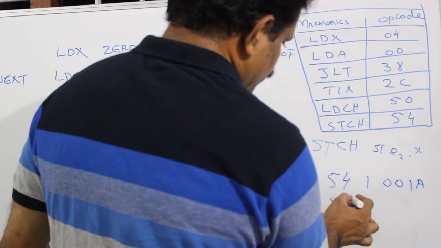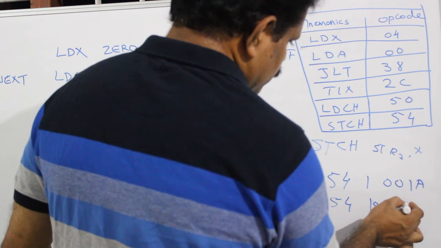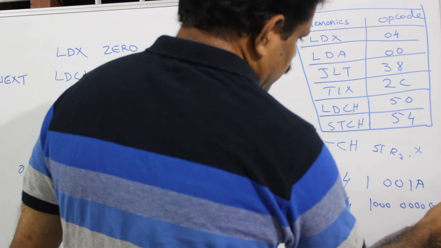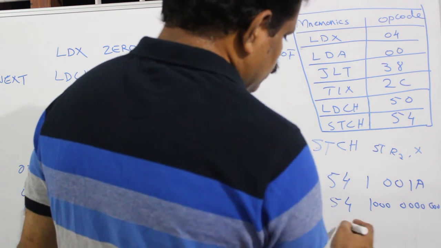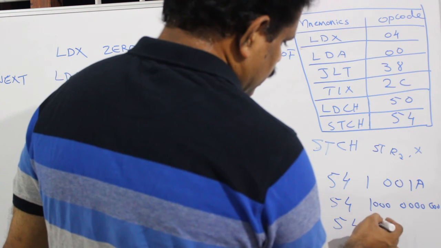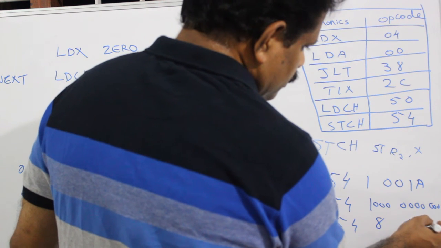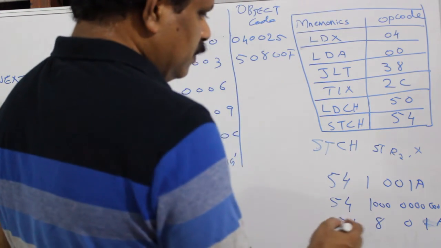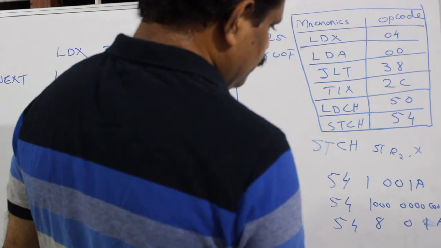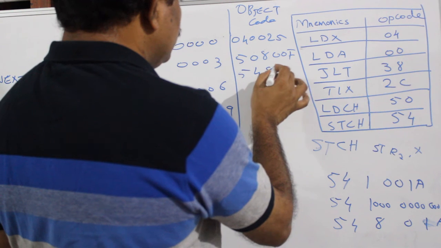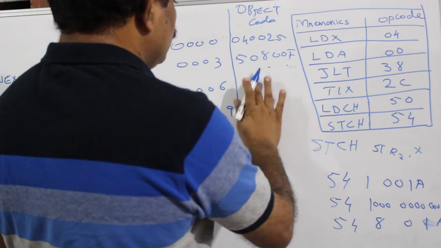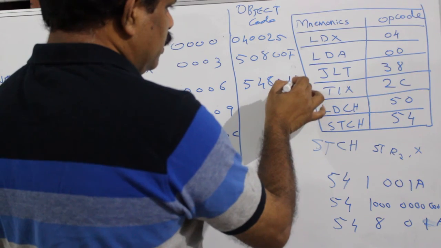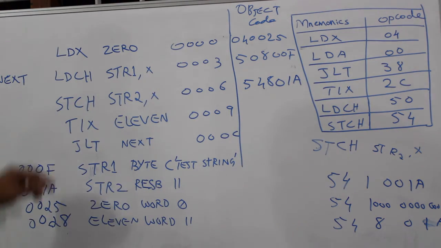So it will be 54, then 1 000 0000 0001 1010. Okay, so it is 54801A.